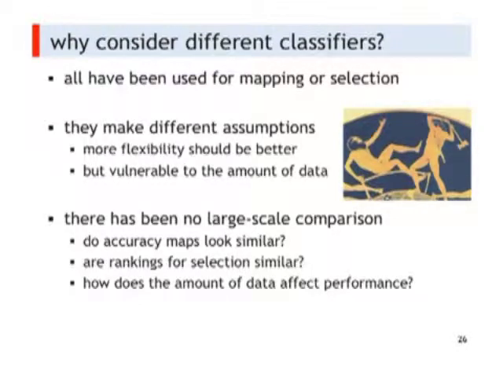And you don't really know a priori which assumption is going to hold or which relationship is going to be present. So you don't really have a strong reason for preferring one or another. And in fact, in the literature, people tend to pick SVMs because they're popular and they've heard of them. But there's no principled reason for doing so. So the question that I'm really interested in is, does it really make any difference to pick one or another?